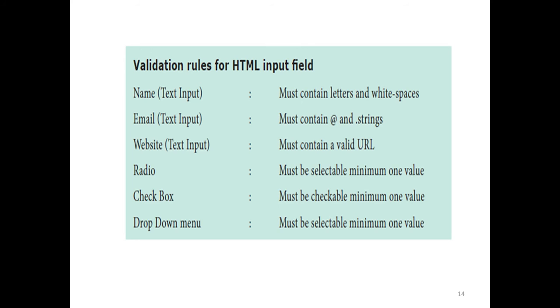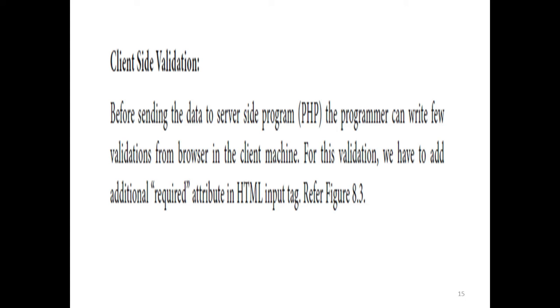For example, if you create a radio button, a minimum of one value must be selectable, like male or female; you select anyone. For a checkbox, a tick mark should be in the checkbox. For a drop down menu, a minimum of one value, like this.